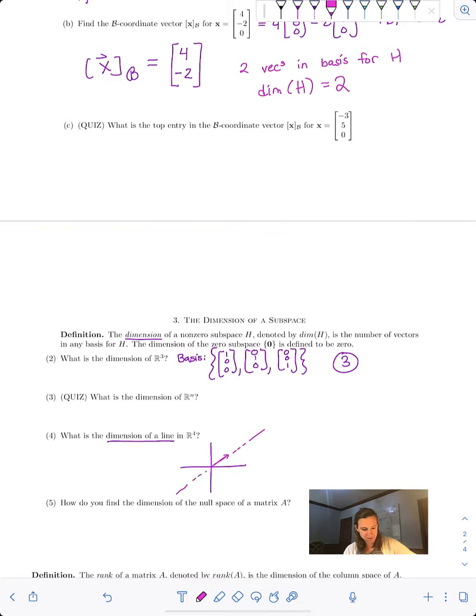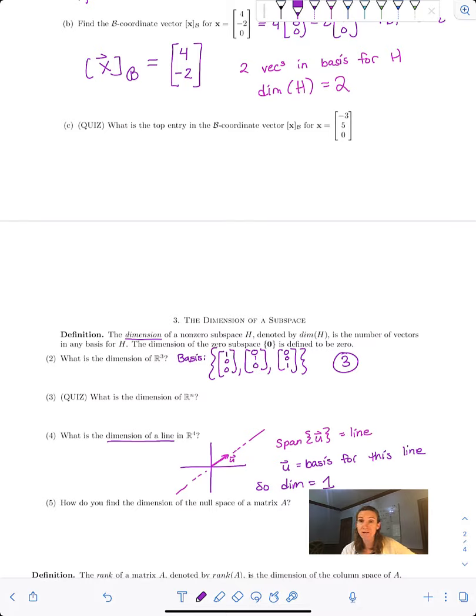So if this is a vector u, the span of u is a line, and one vector is always linearly independent, so u forms a basis for this line, and so the dimension is just that one vector, which is good because we think of lines as being one-dimensional. This is true in general.